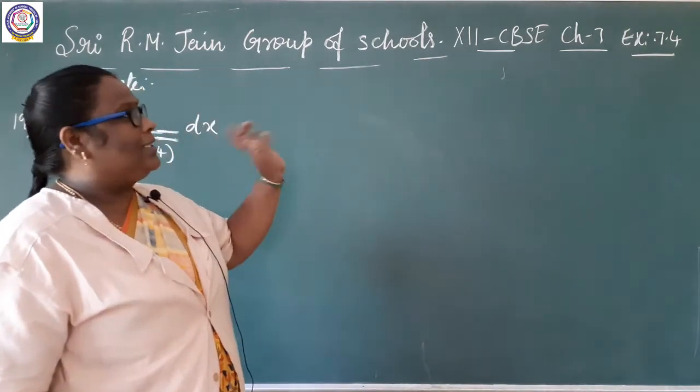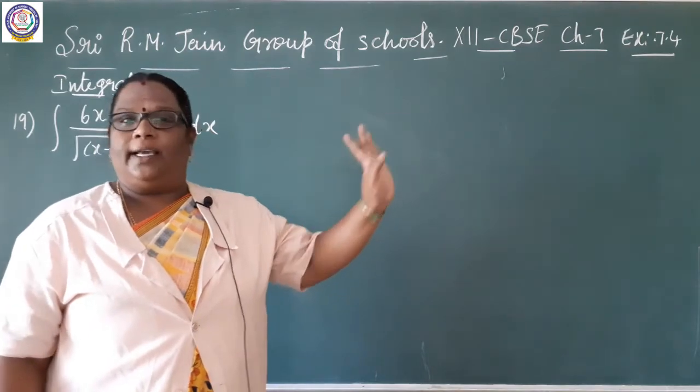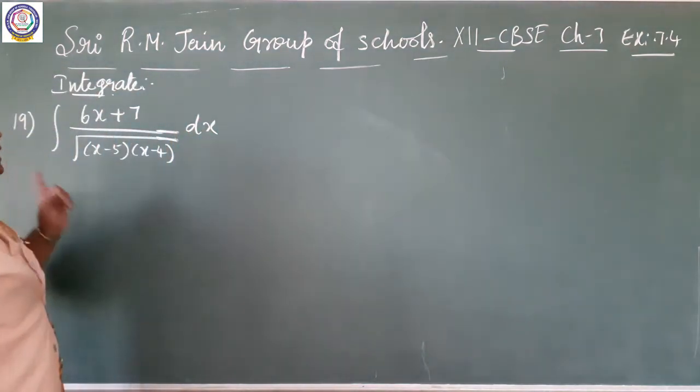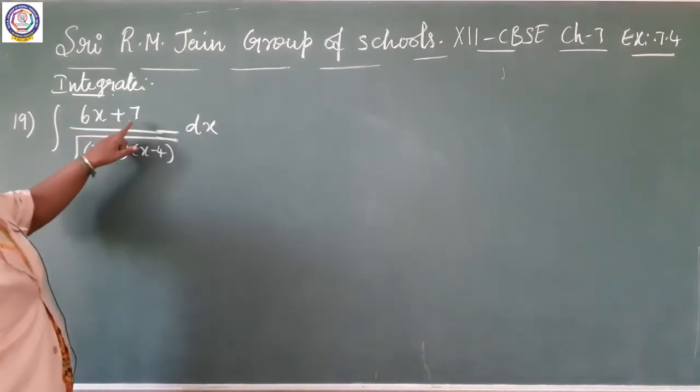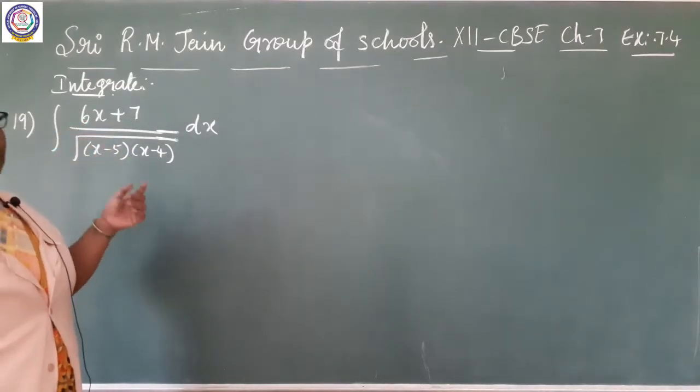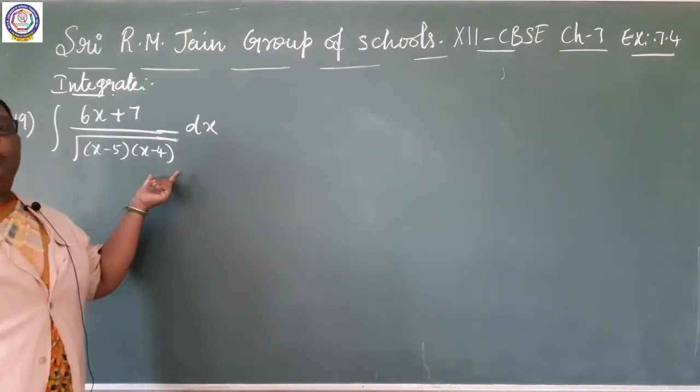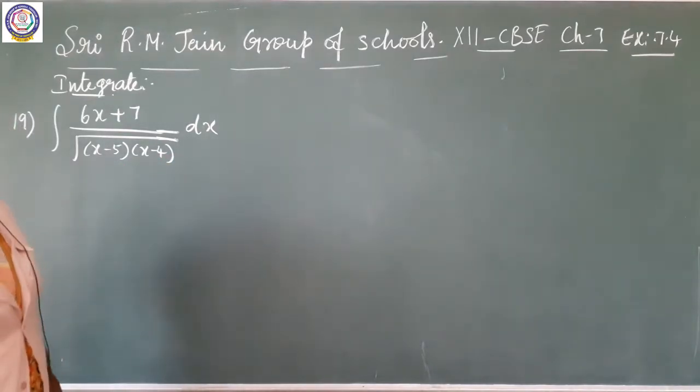See, this is 12th standard CBSE chapter 7 exercise 7.4, 19th sum. Integrate (6x plus 7) by root of (x minus 5)(x minus 4) dx.